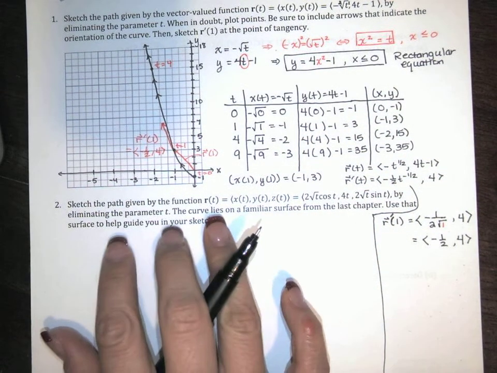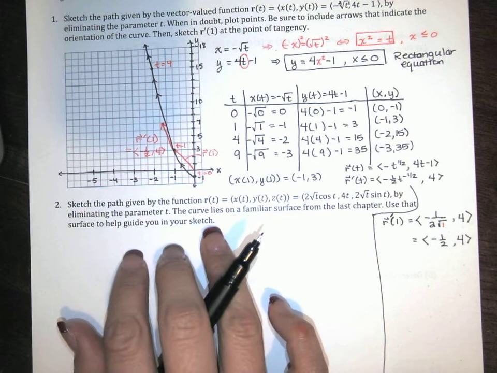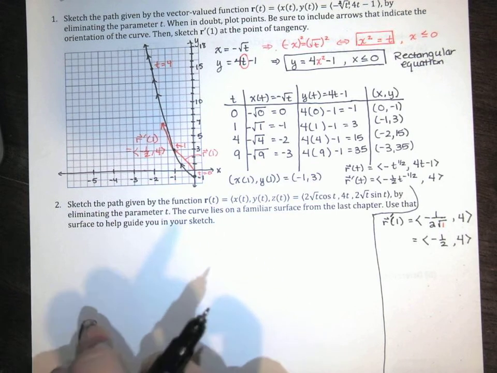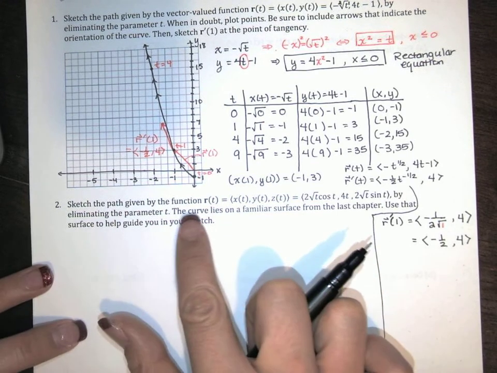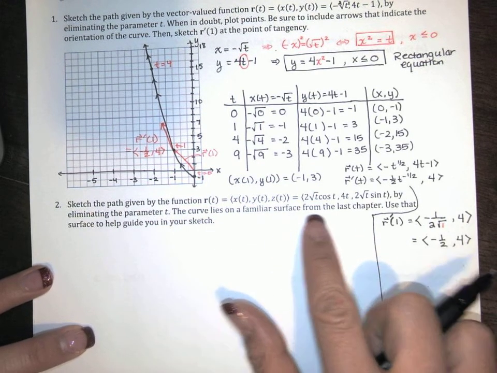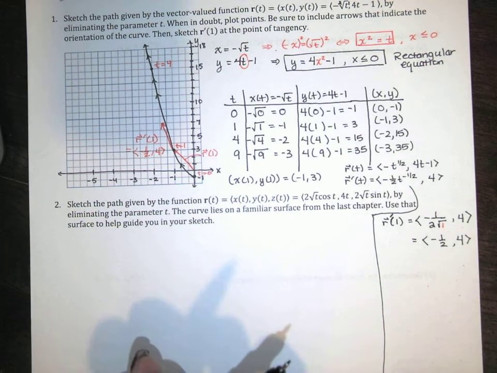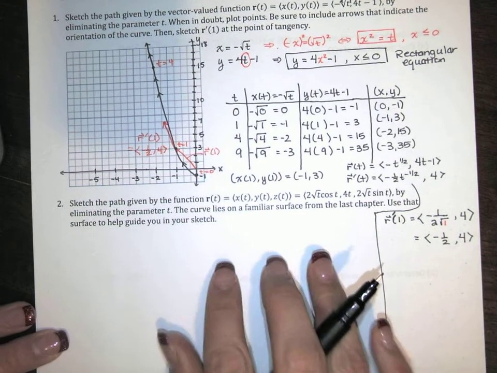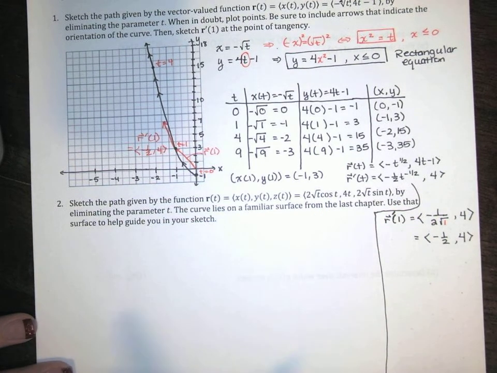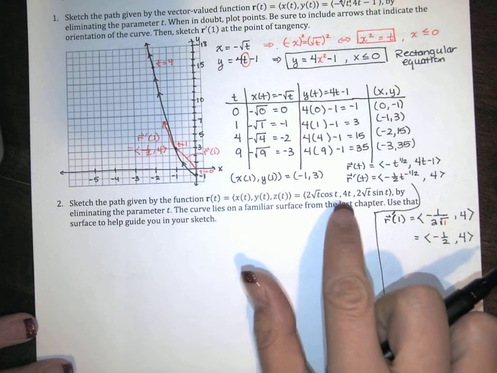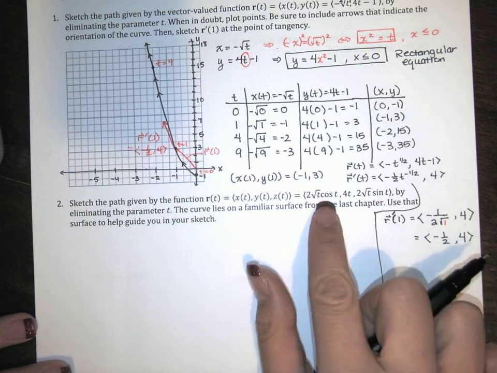So when we eliminate the parameter t, we're going to get a surface. The curve is going to lie on that surface. That's why it says here, the curve lies on a familiar surface from the last chapter. Use that surface to help guide you in your sketch. So we're going to eliminate the parameter t to find the surface, and then we're going to think about what happens as t increases along that surface.